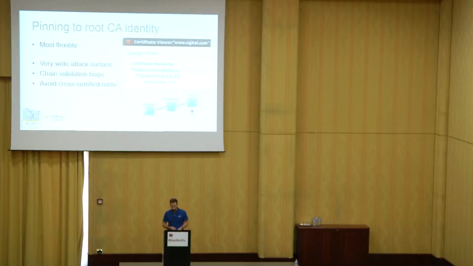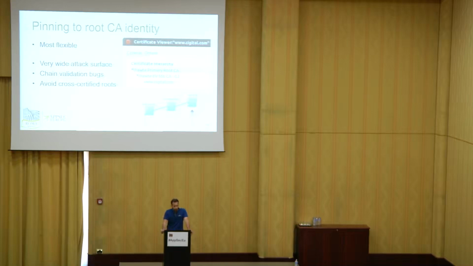So we move up the chain and we go to the root CA certificate, the root CA identity. If we pin to that, it's very flexible because you don't really need to pay attention too much to when you rotate certificates. It's going to be signed by Comodo all the time, as long as you keep Comodo.